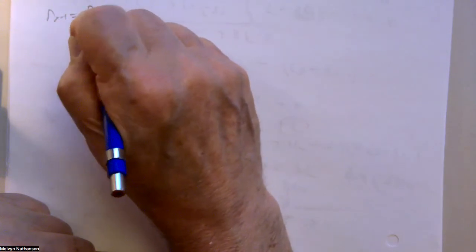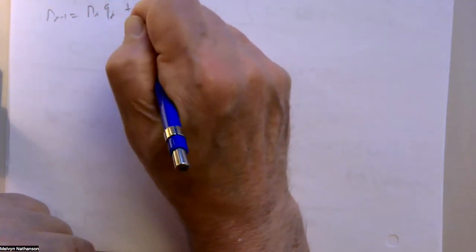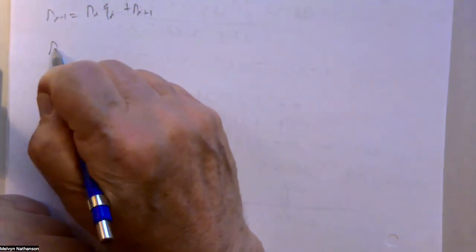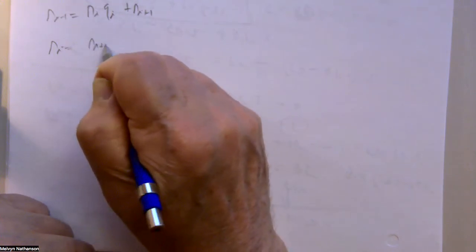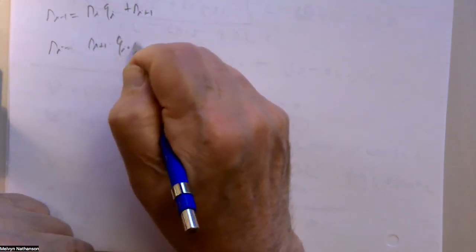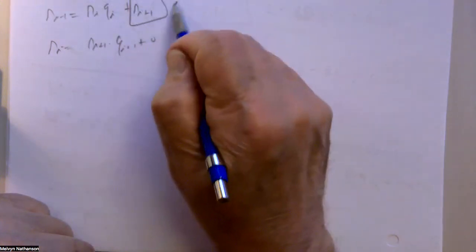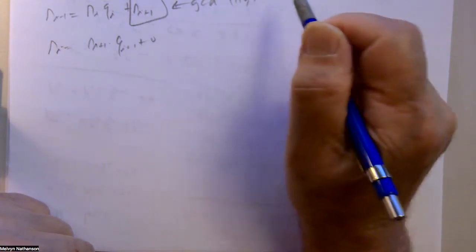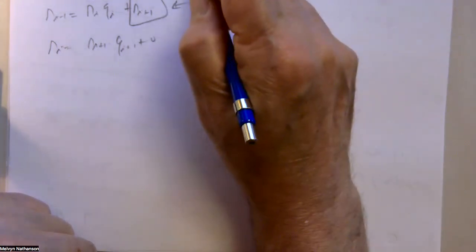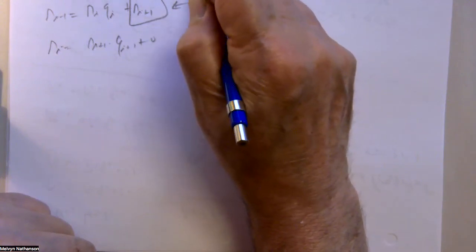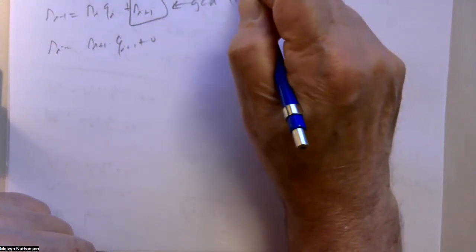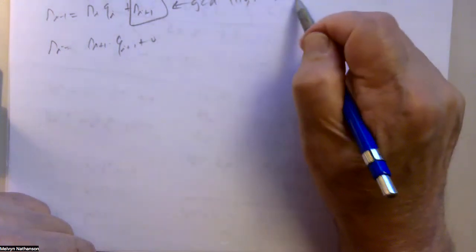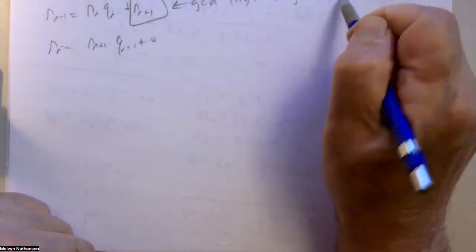Finally, R sub i minus 1 equals R sub i Qi plus R sub i plus 1. Ri is R sub i plus 1 Q sub i plus 1 plus 0. So this is the GCD of R0 and R1, where you started with numbers A and B, and R0 is A and R1 is B. So this is the GCD of A and B. You can always work backwards.